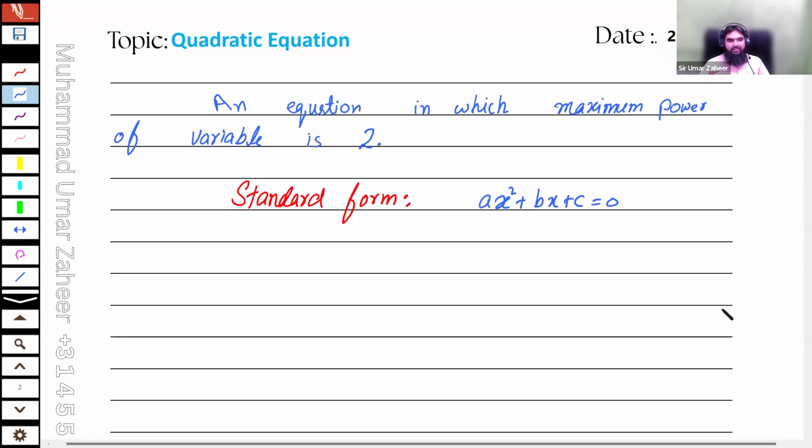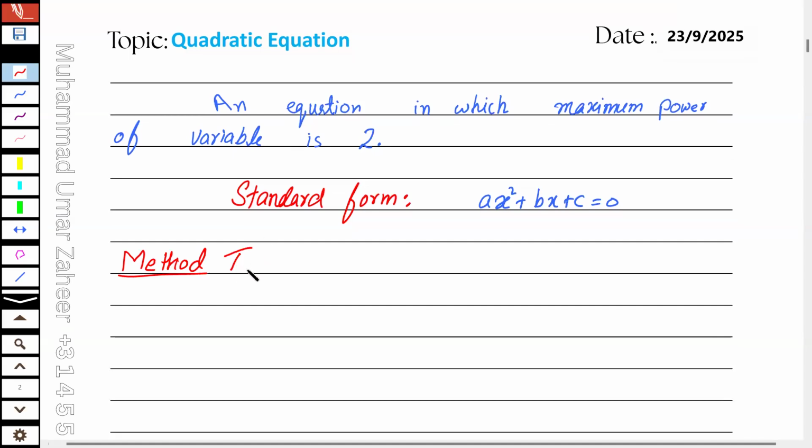Does anyone have an idea how many methods we have to solve quadratic equations? Two. There are two methods. Do you know the names? Substitution and elimination.